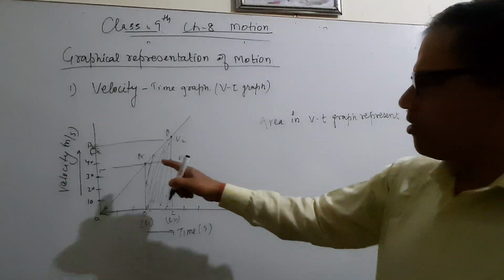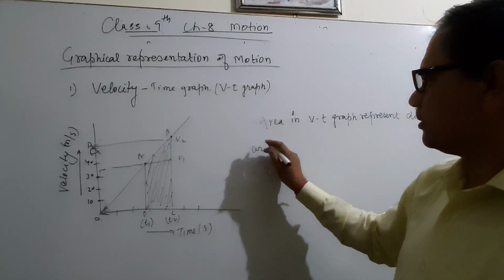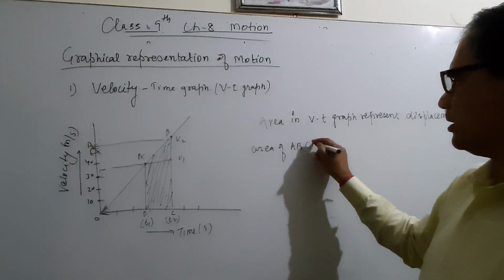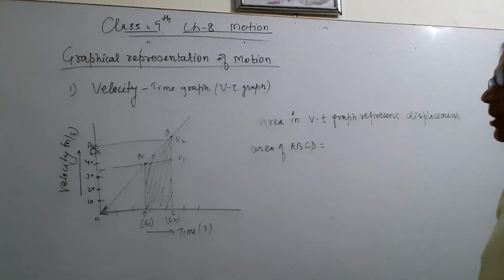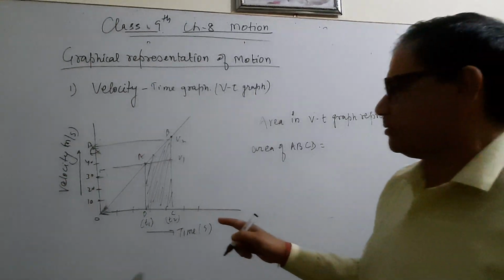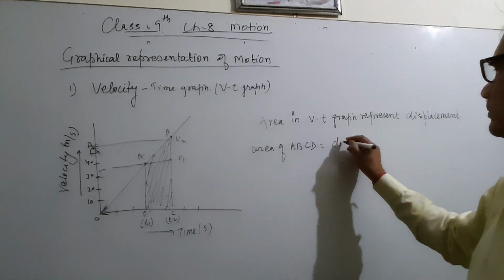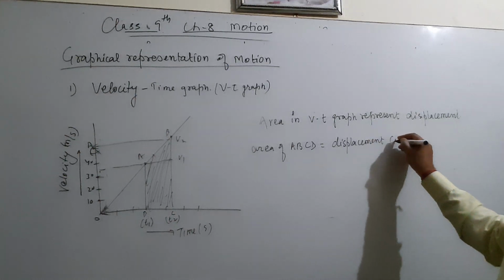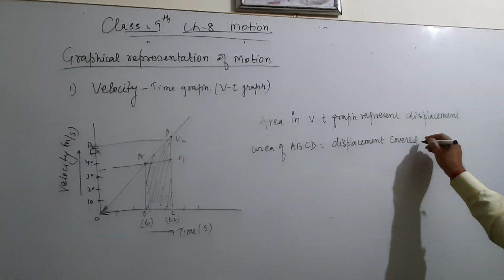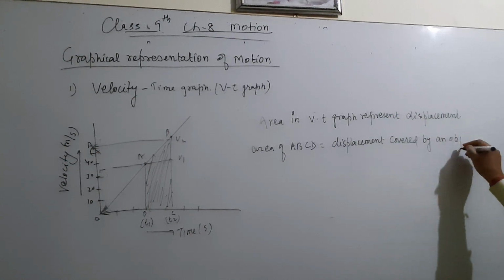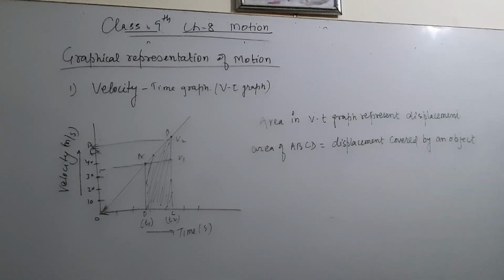It means the area of ABCD is equal to the displacement covered by an object, and which is equal to the area.